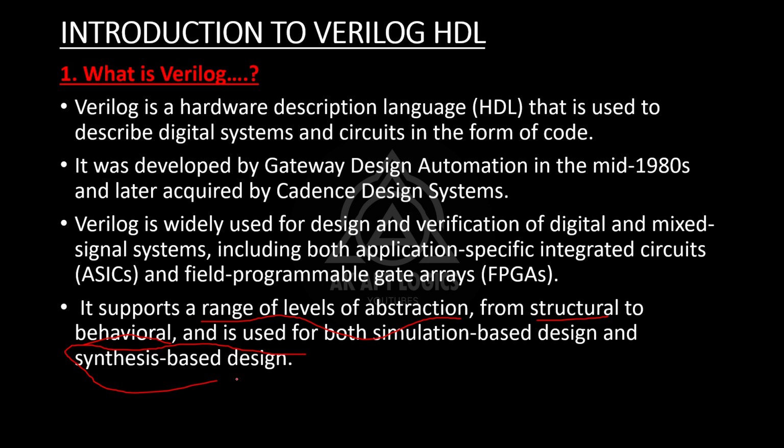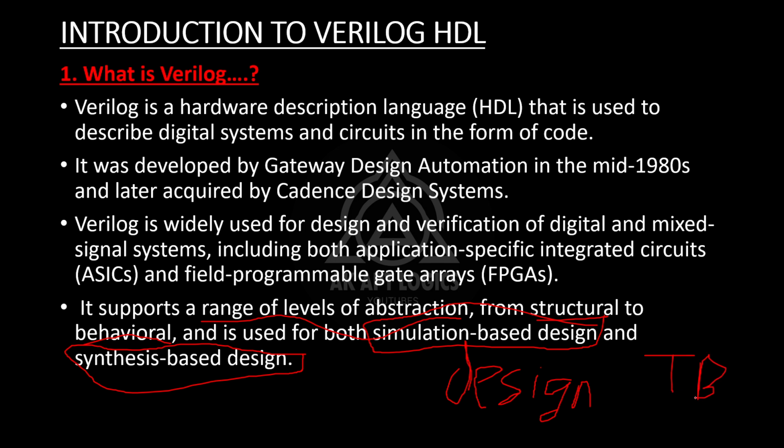I have already told you what simulation based design means. We will write two different types of codes, which are the design code and the TB, which is the test bench, for a design. For example, if we have taken a half adder, we will write both the TB and the design.